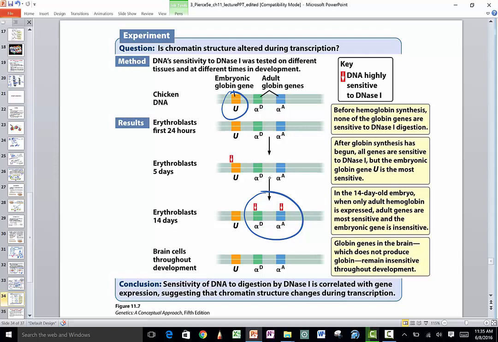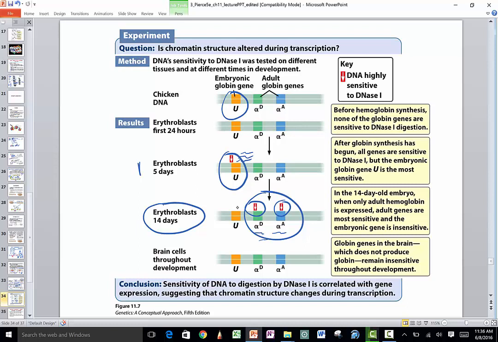And all this is saying is that if we look at hypersensitive sites by doing the same experiment, and we ask which regions of this DNA are sensitive to DNase at different times, early on, this region is sensitive because it's got an arrow, and that correlates with the fact that this gene is actually transcribed. Later on, when we know that these genes are transcribed, these are also correlated with hypersensitive sites.